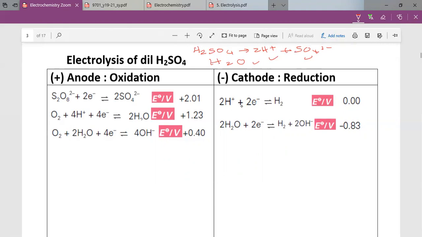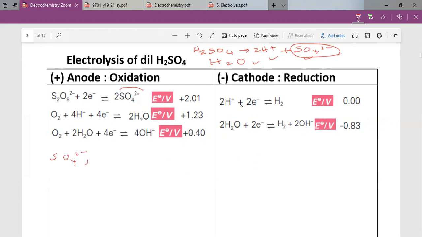Now, for your anode, which is the positive pole, it will attract all the negative ions here. So the negative ion it will attract is, of course, SO4 2 minus. So I put SO4 2 minus here for the choice.